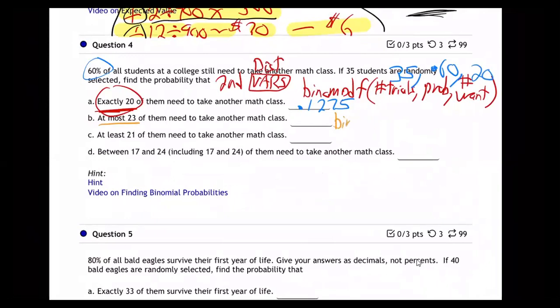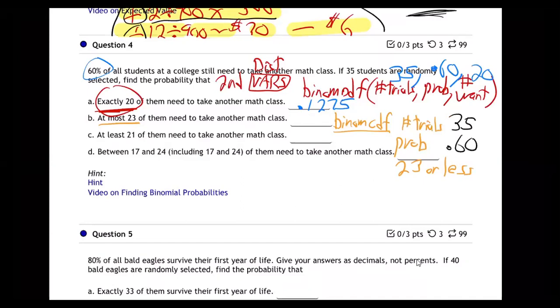So binom CDF, and then depending on how your calculator goes, number of trials, probability, and the number we're going to put in, at most 23, 23 or less. So what's the number of trials for me? It's 35 trials, and the probability is still 0.60 or 0.6.